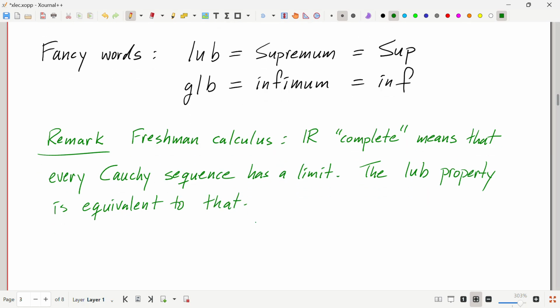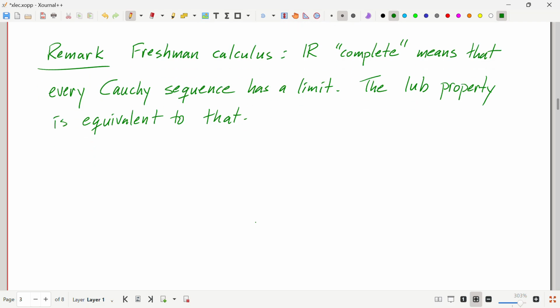And so let me just draw you a picture here of how you would feel about this fact. This isn't a proof or anything, but we had the square root of 2, and we had rational numbers to the left and rational numbers to the right.